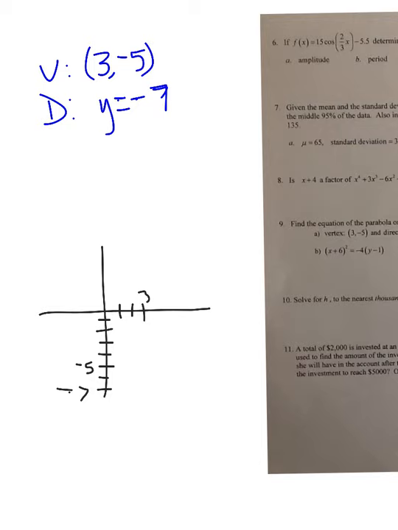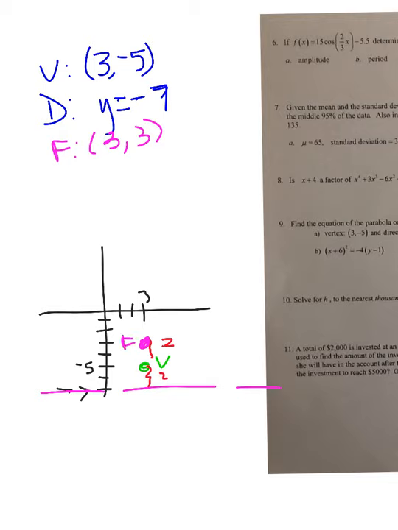All right, so my vertex is right here at 3, negative 5. My directrix is y is equal to negative 7. So your focus, remember, your vertex is right in between the directrix and the focus. So if this is 2 units, then my focus is up 2 units. So my focus is up 2 units right here. So my focus is 3, 3. Okay? So this is the focus.